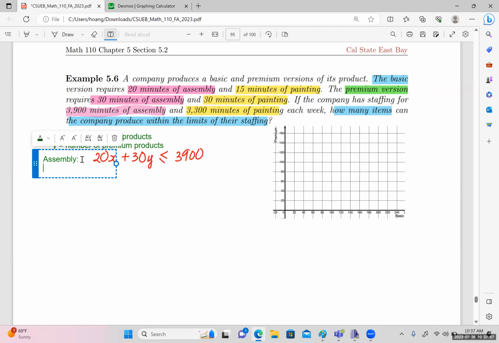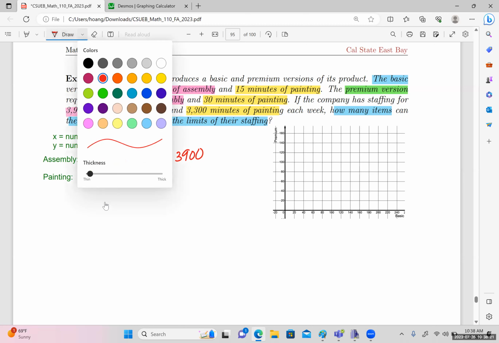What about the second one? I would say painting, right? So painting, say I have up to 33 minutes. For the basic, I have 20 minutes. No, 15 actually, sorry. I'm going to use another color maybe.